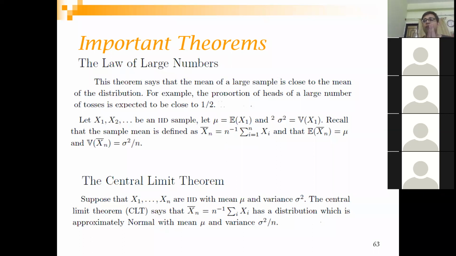So now the law of large numbers says that you understood the sampling distribution. Instead of taking one sample and taking the mean, if you take the mean of all these sample means, then it will be closer to your population mean.